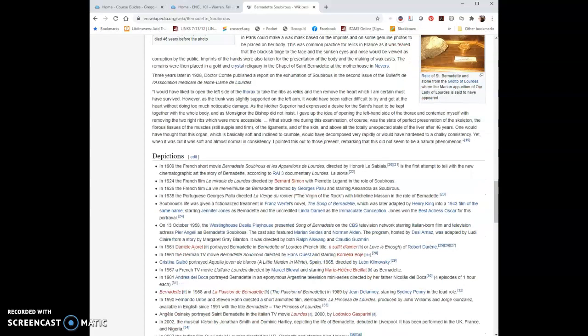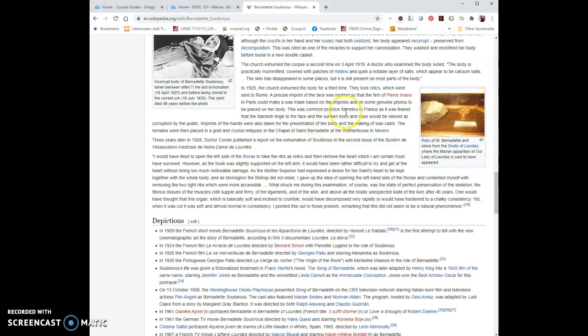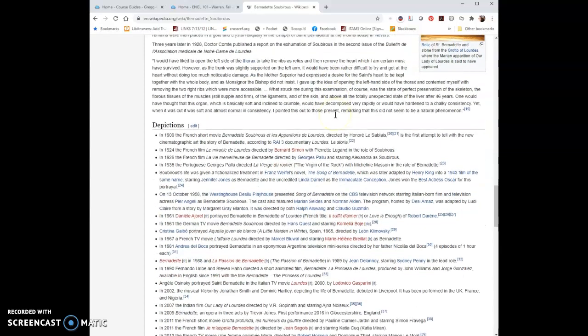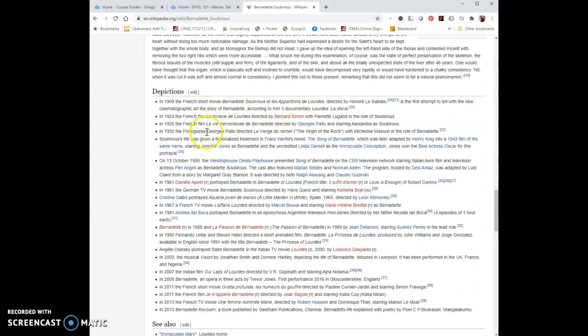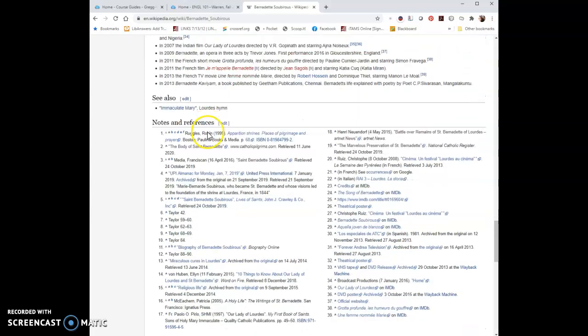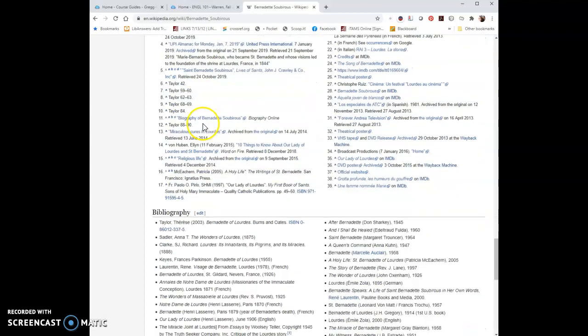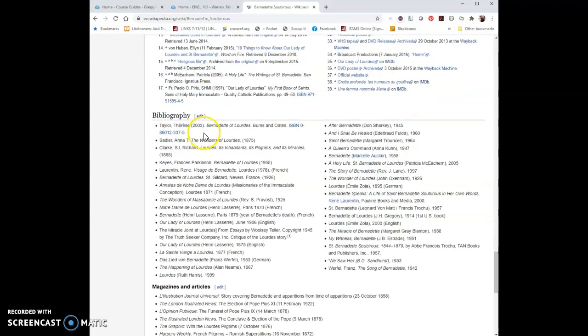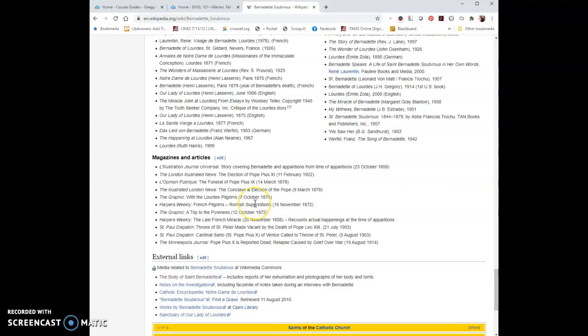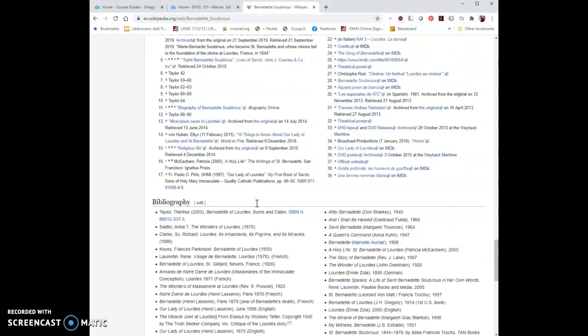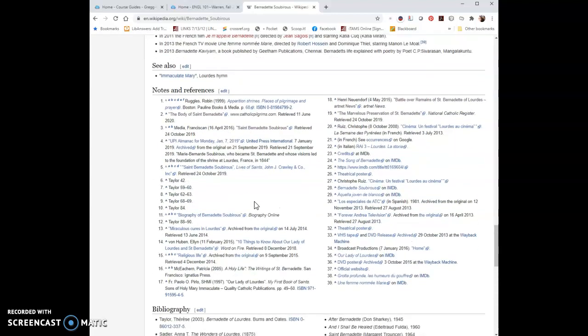As we go through, and you can explore all the different hyperlinks throughout, we have various information at the bottom that are basically sources, notes and references, bibliography. You could look and see if our catalog has any of the books mentioned here, or magazine articles. You can go through the notes and references, and if there's anything here that looks like it could potentially be useful to you as a source, you can click on it.